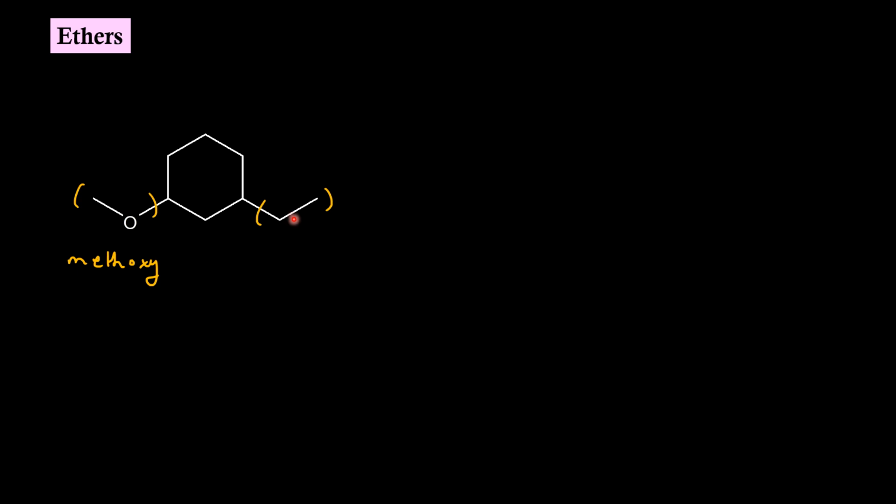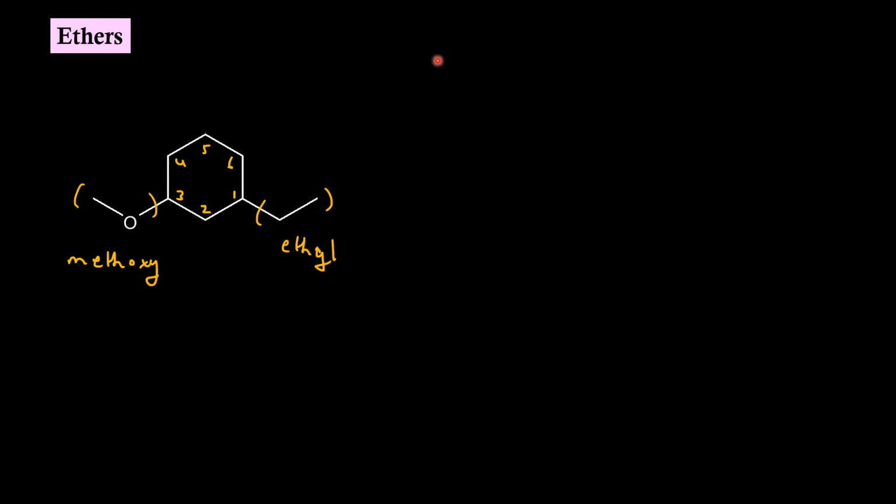Here we have two carbons, so ethyl. Since ethyl comes first in alphabetical order, we should give the lowest number to this. 1, 2, 3, 4, 5, 6.